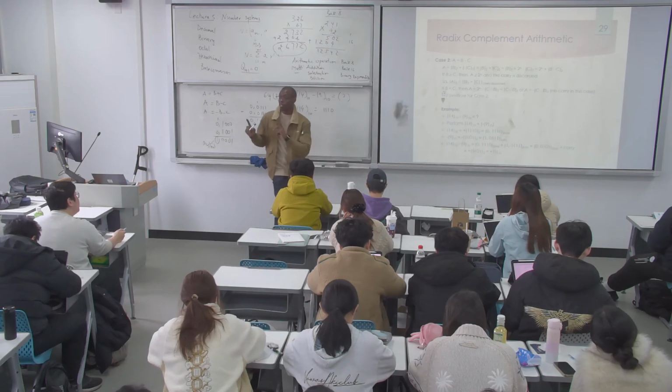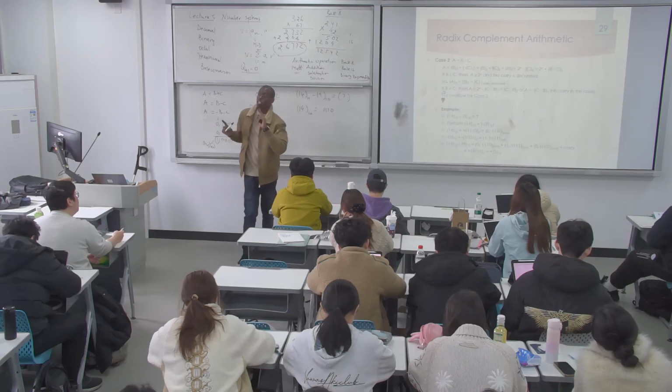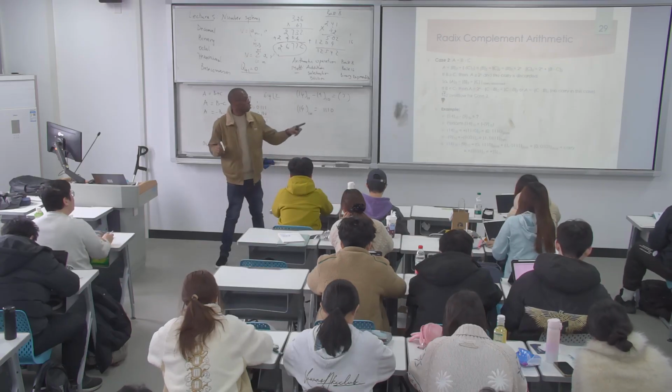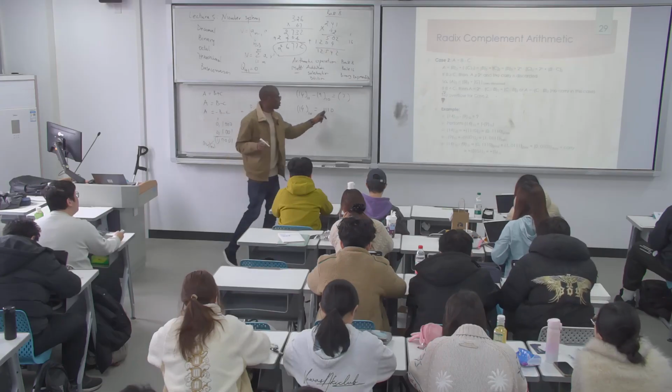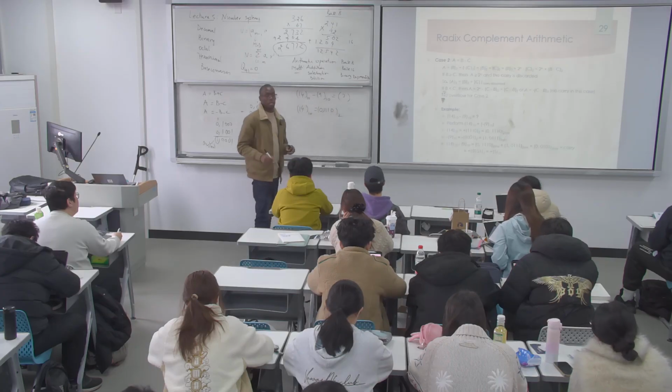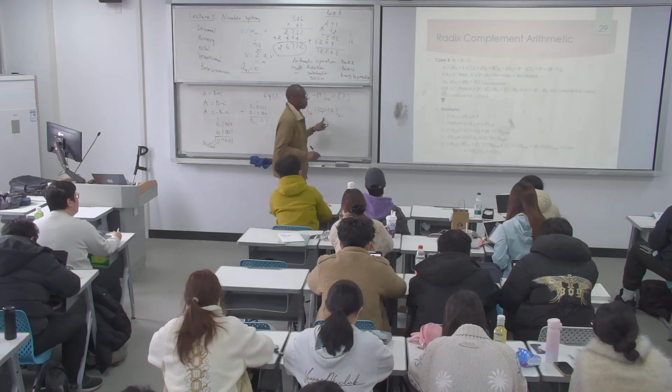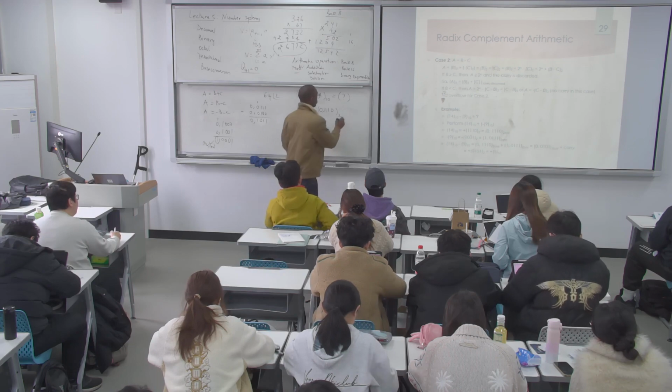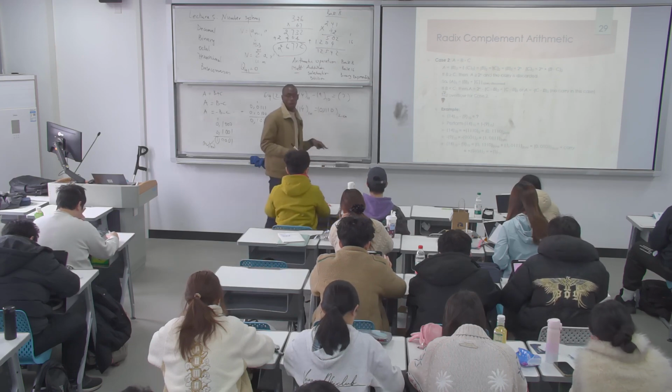Now, because it's a positive number, we don't need to calculate the 2's complement of this positive number. We only put a 0 to indicate that this is a positive number. So we have the 2's complement of this number.